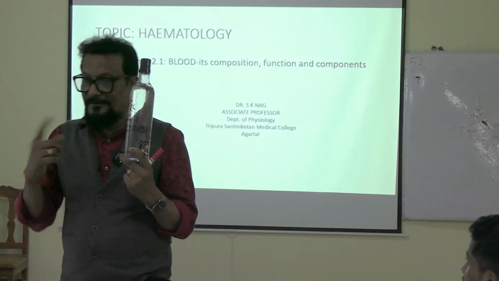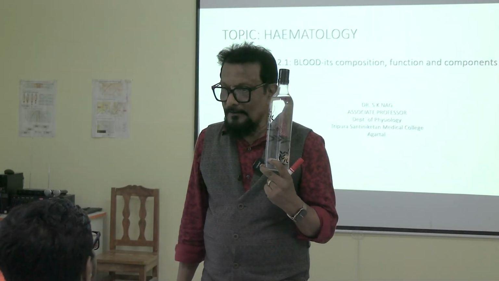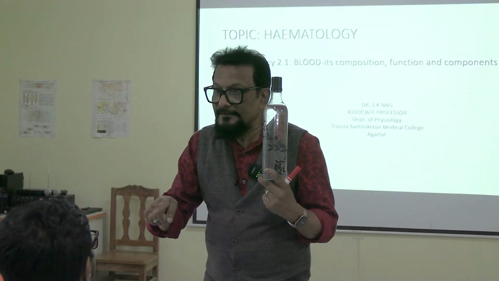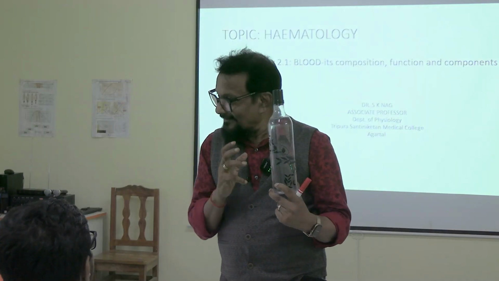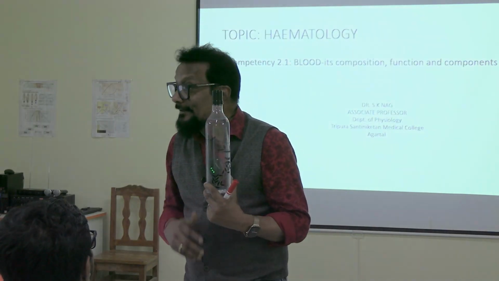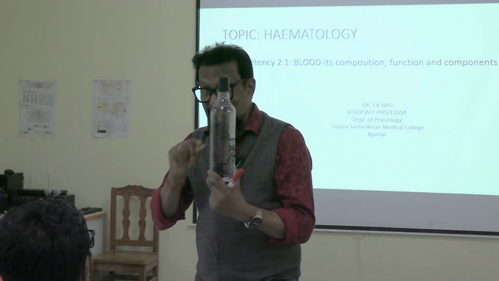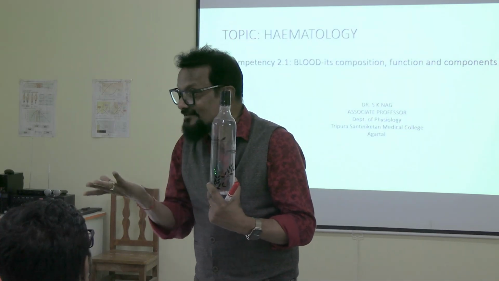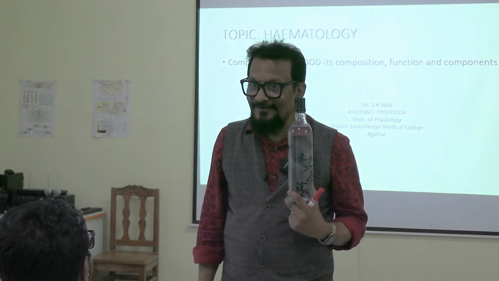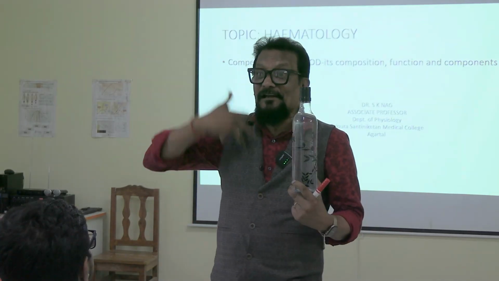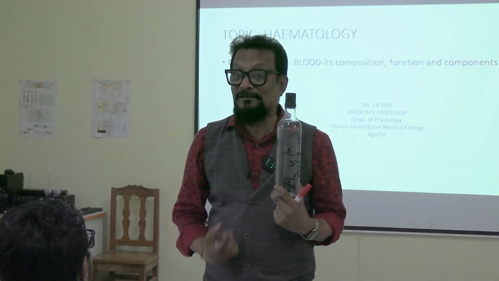It will increase or decrease? Yes, increase. It will be concentrated. Only water I have taken out, so now its concentration will be increased. What is the condition in which water is lost? Dehydration. So when you feel dehydration, your plasma protein concentration will increase.